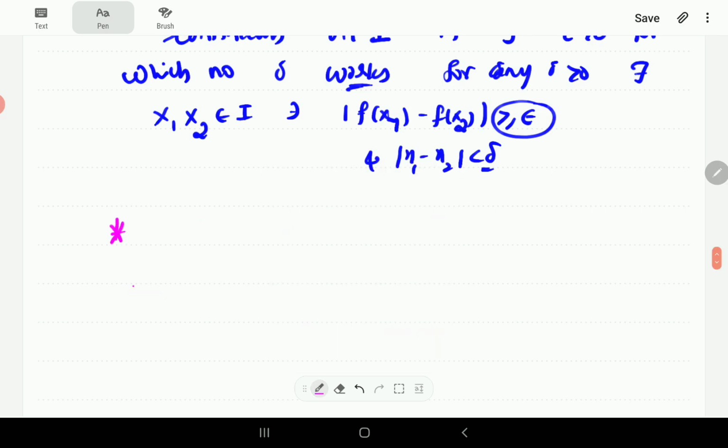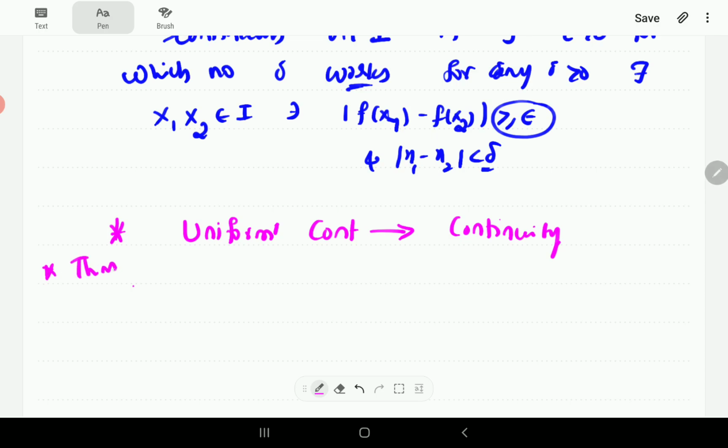In short, I'll give you an idea of one particular property: from here we can conclude that uniform continuity implies continuity. If the function is uniformly continuous on the given interval, then it is continuous on that interval. Let me take this as a theorem.